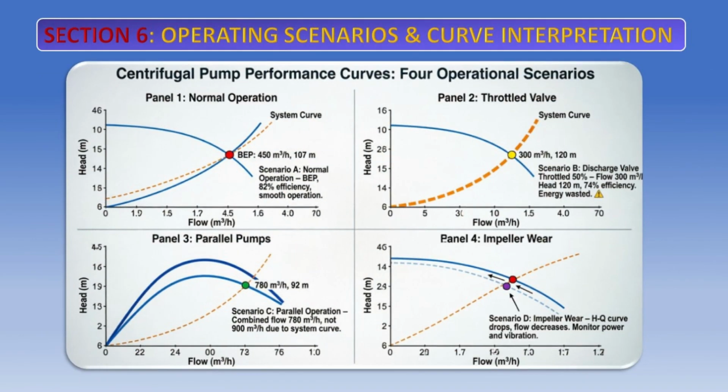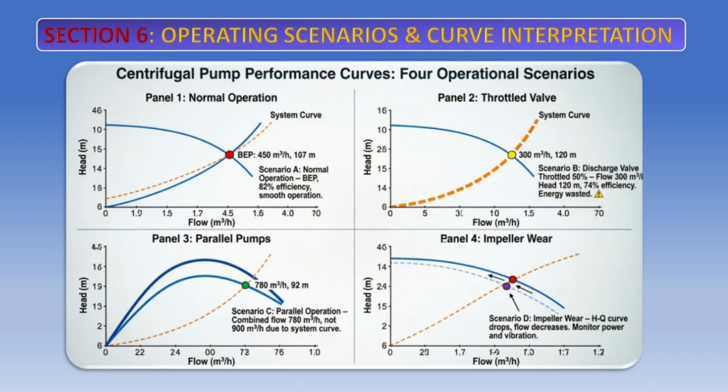Okay, now we touch on the importance of interpreting pump curves for various operating scenarios. We see 4 panels. One shows the impact of throttling a discharge valve, which changes the system curve and moves the operating point. Another shows parallel pump operation for increased flow.